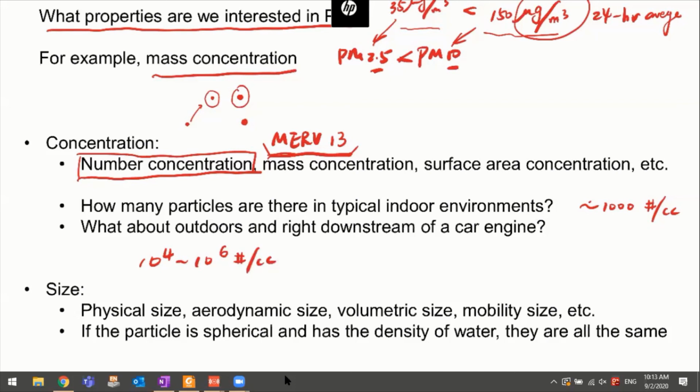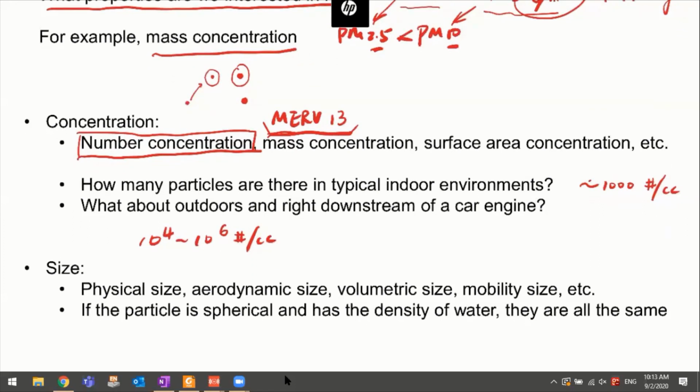It is a lot higher compared to the indoor condition, right? And basically, this is what happens when we move our instrument outside. We can see that the concentration is in between. And of course, it depends on which outdoor environment we're talking about. If we're talking about the urban area, concentration will be higher. But if we're talking about the cleanest environment, for example, the Amazon basin, where people don't live there, it's full of trees, right?